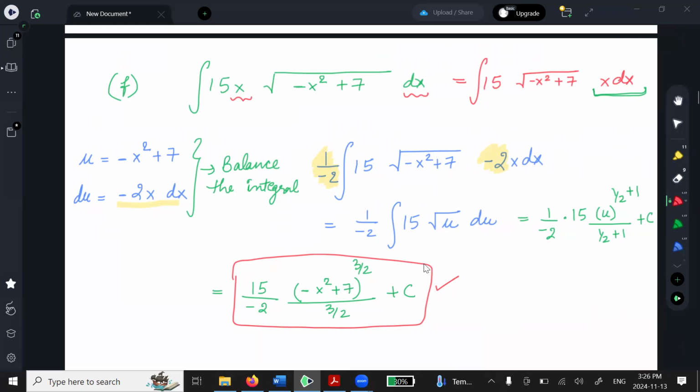So what I do, when I balance it, I need to multiply it by negative 2. But when you're multiplying by something extra, you have to divide by it also. Because you don't want to change the question. To keep the question the same, whenever you multiply by something extra, which is not already there, divide by it within the integral.